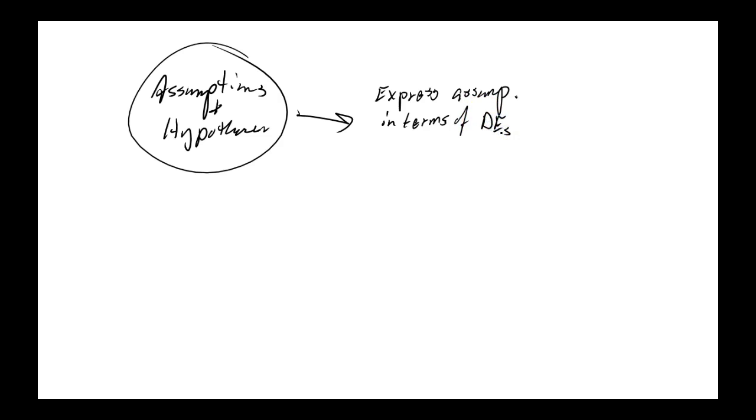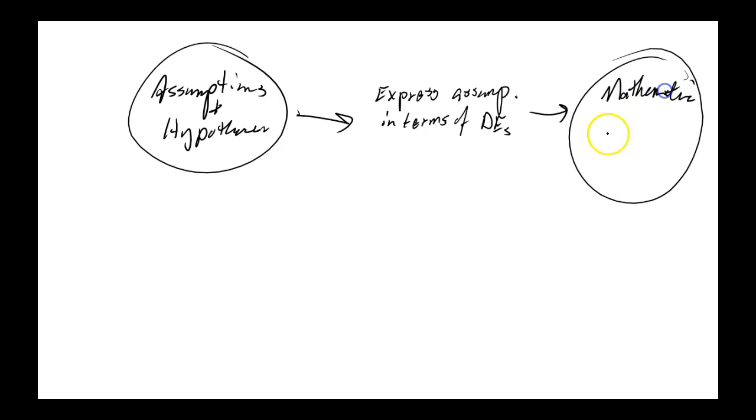That's where we get into the picture, okay? Now, the block over here gives you your mathematical formulation. Okay, you start with the assumptions, express them in terms of differential equations. That gives you your mathematical formulation.